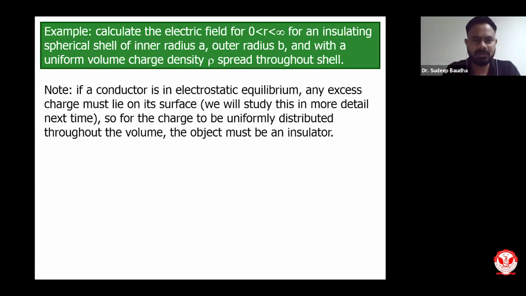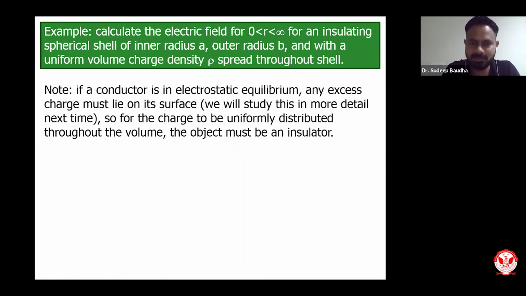So the derivation we are going to do is to find the electric field for all three cases, from R equals 0 to R equals infinity, for an insulating spherical shell with inner radius A, outer radius B, and a uniform volume charge density.